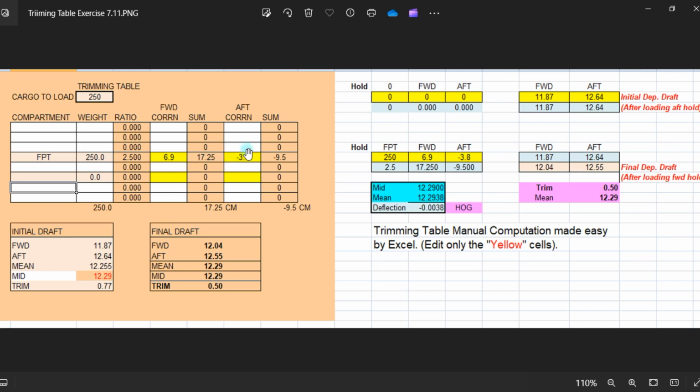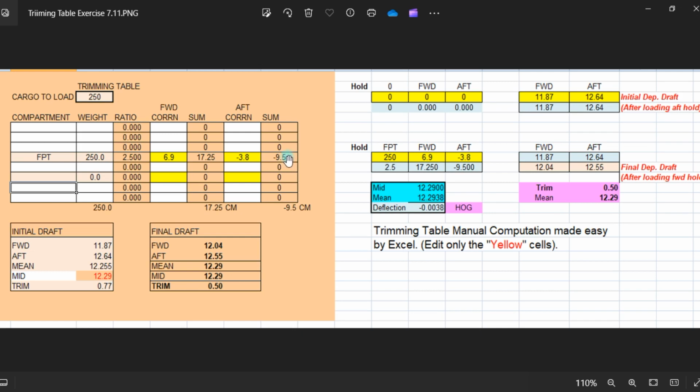And your aft correction of negative 3.8 times 2.5 will be negative 9.5.